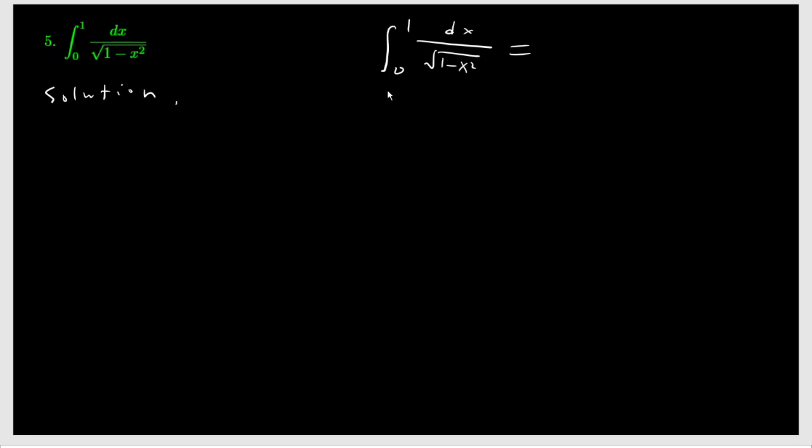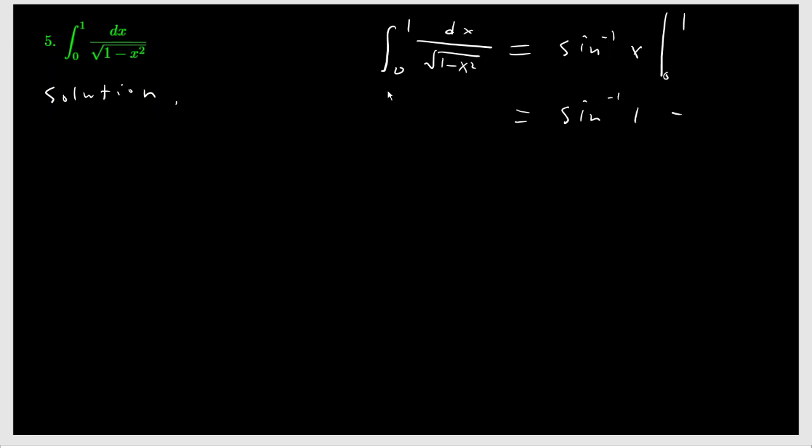You know the antiderivative of the integrand is inverse sine of x. And then you evaluate the antiderivative from 0 to 1. By that we mean you evaluate the antiderivative at 1 and at 0, and then you get the difference.